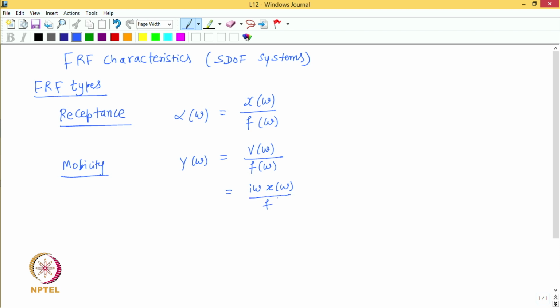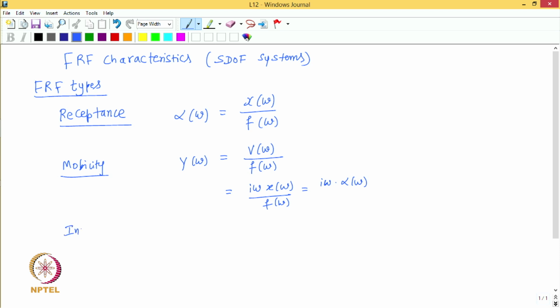And therefore, we see that i omega X of omega upon F of omega can also be written as i omega into alpha of omega. So, this shows that the mobility is related to the receptance of the system. If we multiply the receptance by i omega, we get mobility.